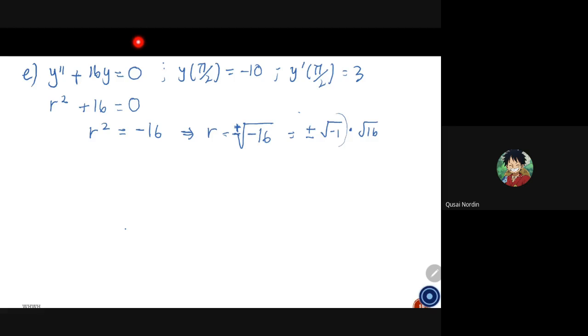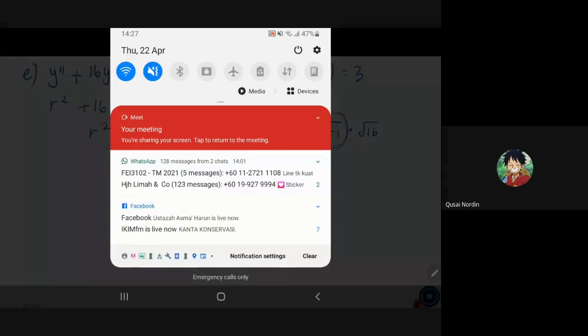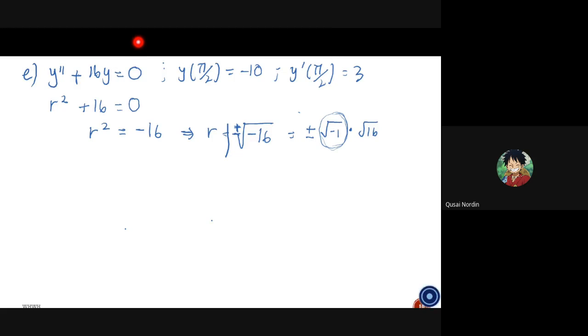This square root of negative 1, what do we call it? Plus minus square root of 16, everybody knows this is 4. Square root of negative 1 is an imaginary number. What do you use to denote it?